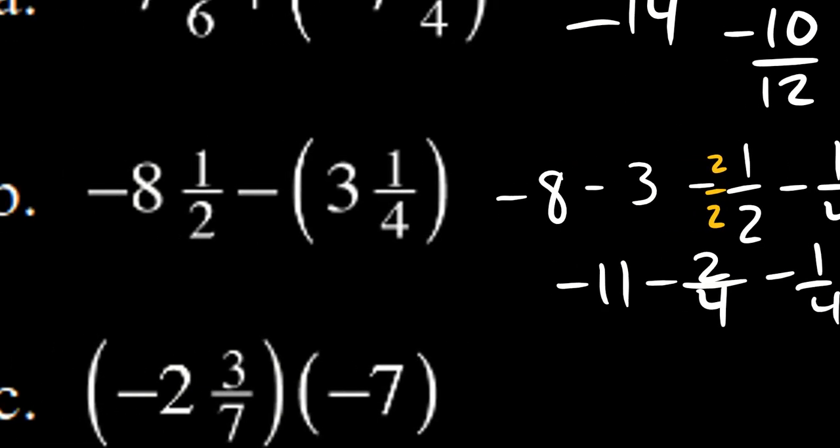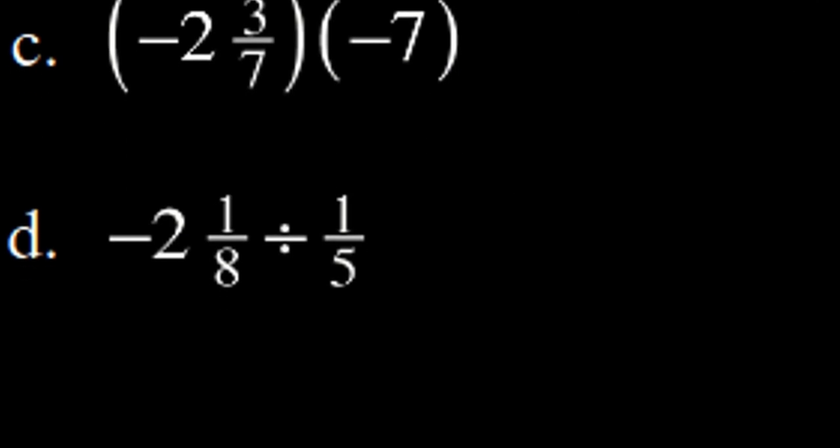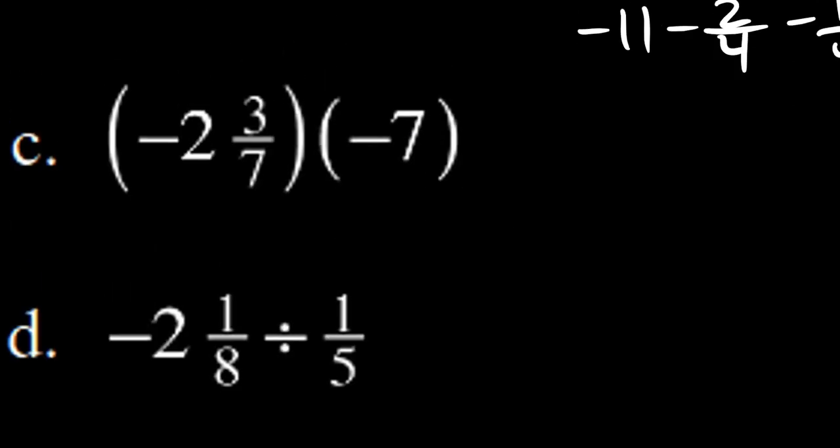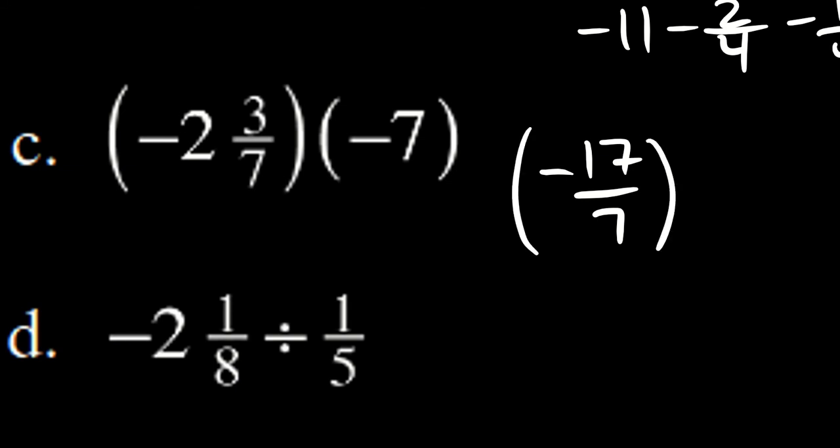Okay, now we've got a multiplication problem. Again, I'm always going to go to improper fractions when I do that. So 2 times 7 is 14, 15, 16, 17. This is negative 17 over 7. And I need to multiply that by, oh, I'm multiplying by negative 7.